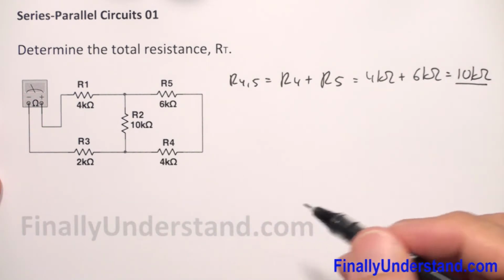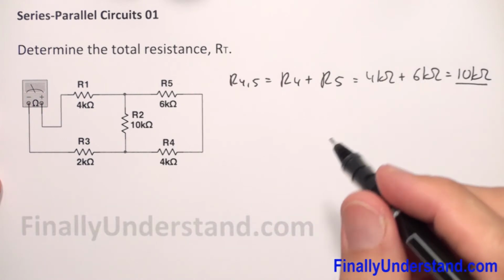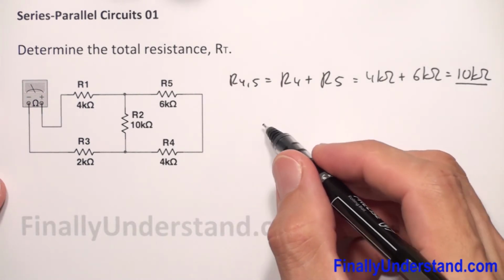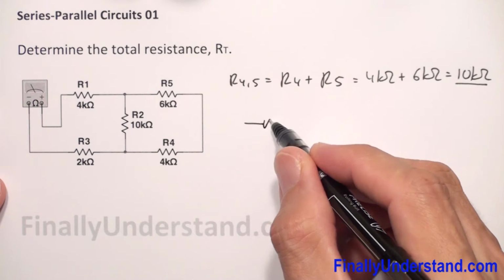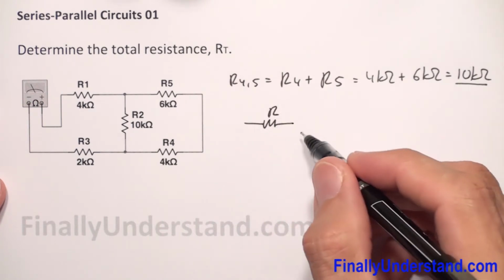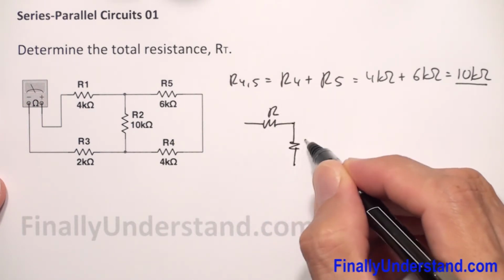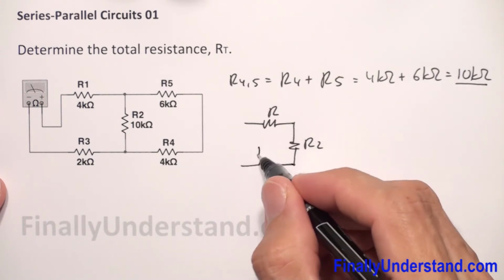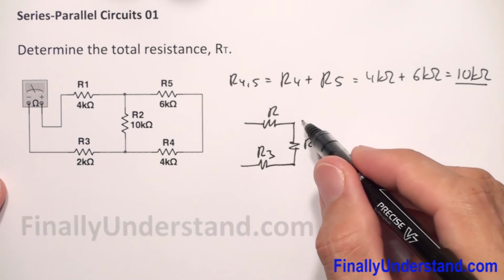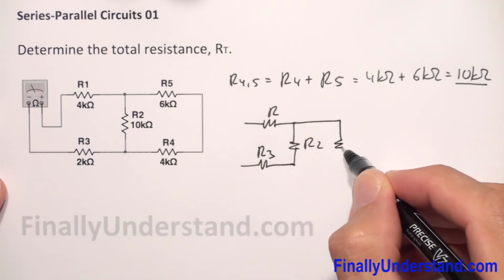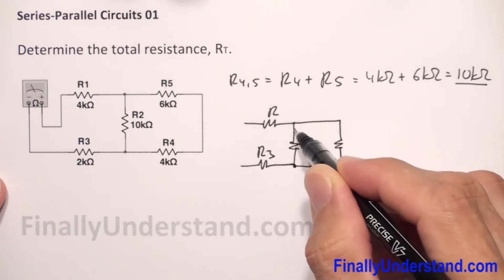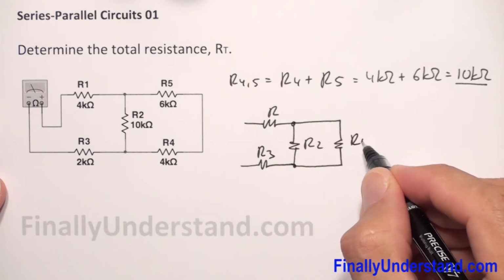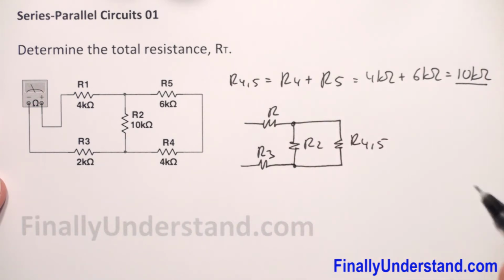Okay, so now I can redraw the circuit. I can redraw the circuit like this. This is my resistor R1. This is my resistor R2. This is my resistor R3. And I have my resistor R45.